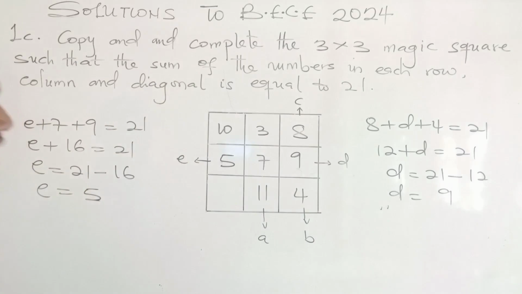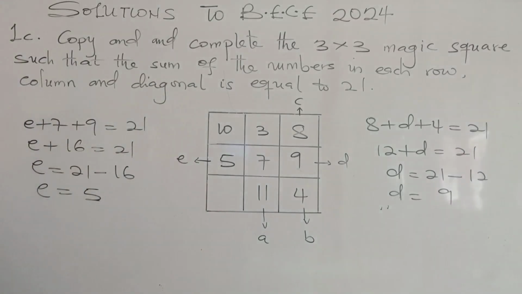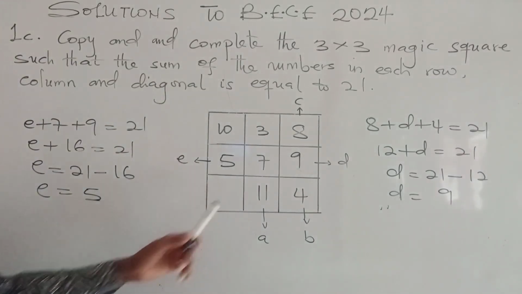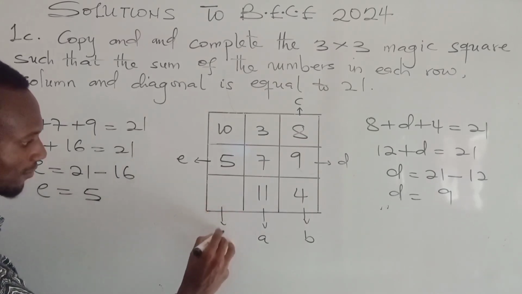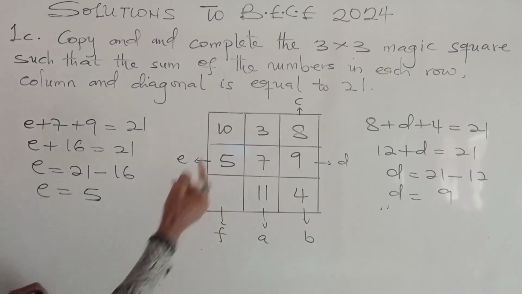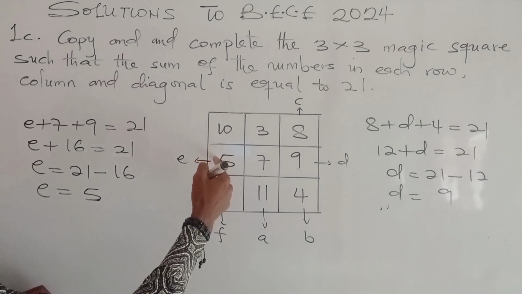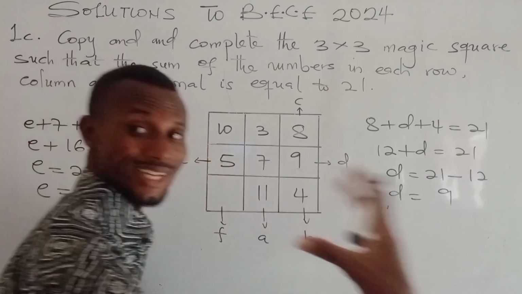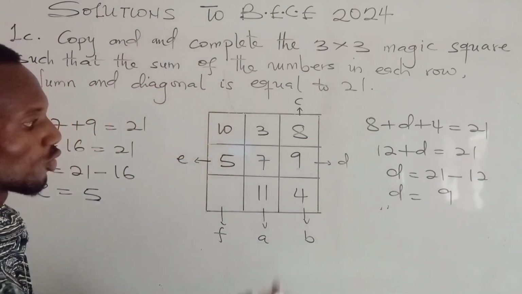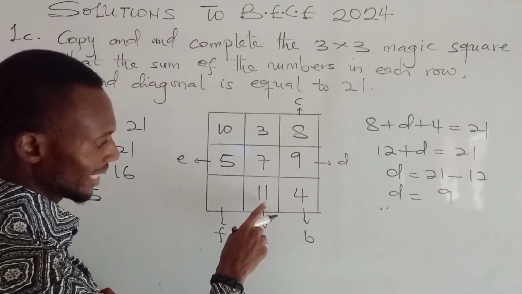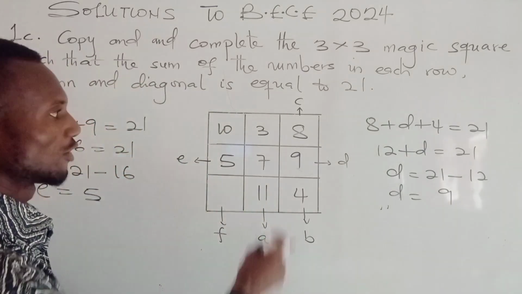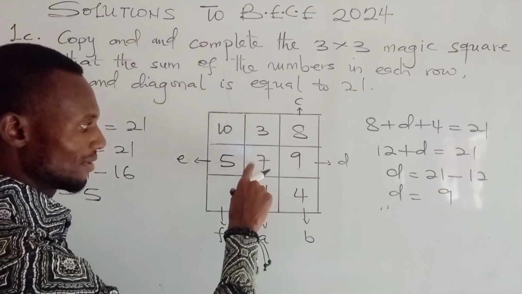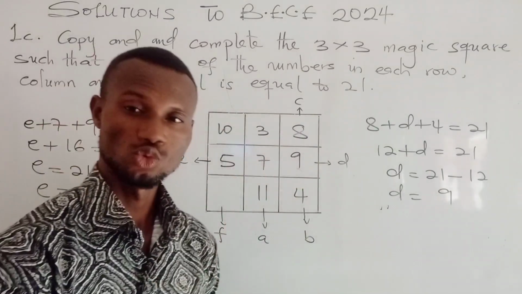Now let's go ahead and get the last part, which is this side. Let me represent here by F. So now I can do 10 plus 5 plus F equals 21, or you can do 4 plus 11 plus F equals 21, or better still, you can do 8 plus 7 plus F equals 21.